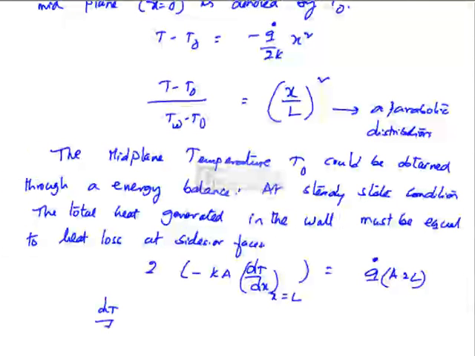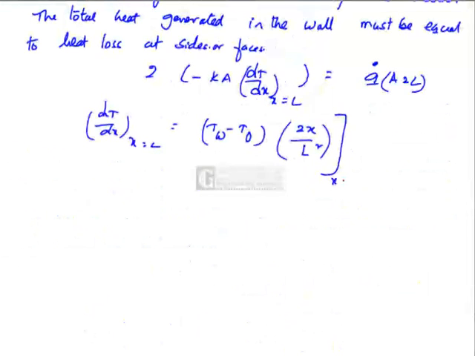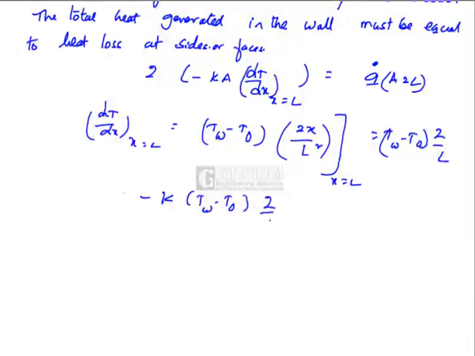Whereas dT by dx at x is equal to L could be obtained by differentiating the above equation, into 2x by L square, at x is equal to L, that is Tw minus T0 into 2 by L. Thus, minus K into Tw minus T0 into 2 by L is equal to Q dot into L. Therefore, T0 is equal to Q dot into L square by 2K plus Tw.